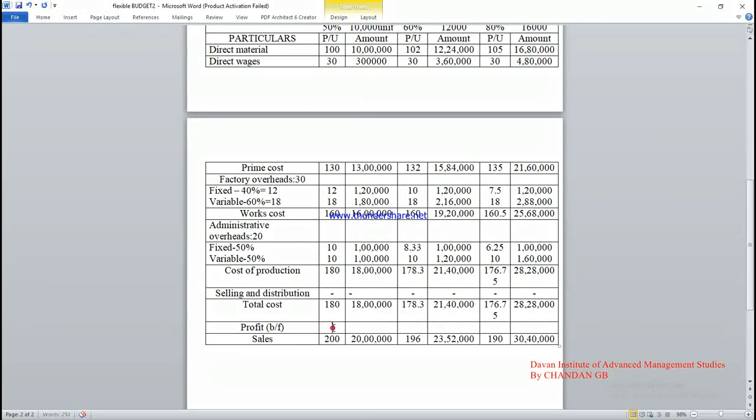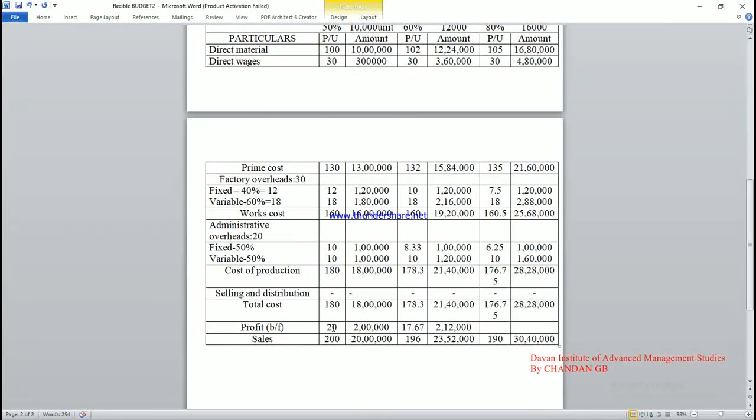That is the balancing figure. 200 minus 180, the profit amount is 20. 20 lakh minus 18 lakh, the amount is 2 lakh rupees. Like that, 196 minus 178.3, the amount is 17.67. Minus the amount, 2 lakh 12,000 rupees.